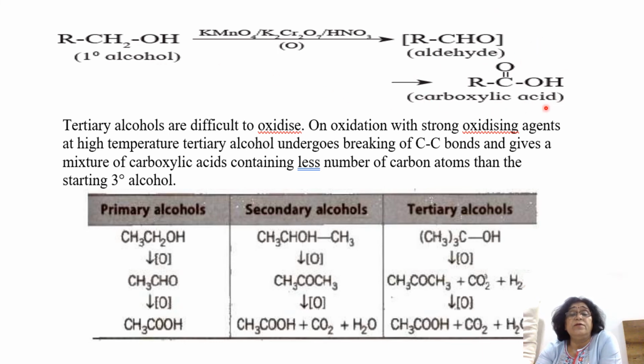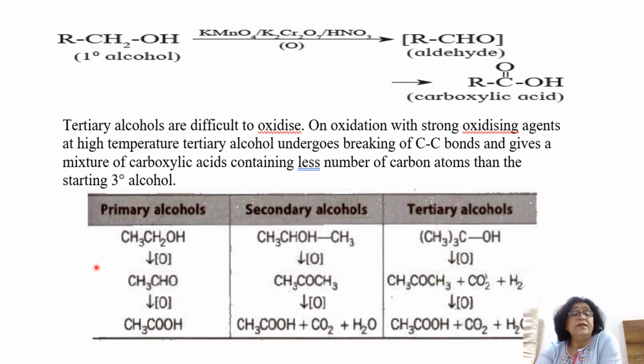So the final product is carboxylic acid if we are using these oxidizing agents. But if we are using PCC, the oxidation takes place only till aldehyde. That means primary alcohol gets oxidized to aldehyde and not acid. Okay. Tertiary alcohols normally do not undergo oxidation, or they undergo oxidation under drastic conditions.